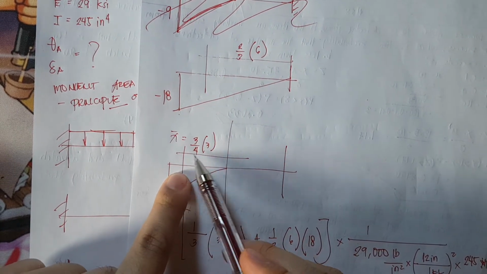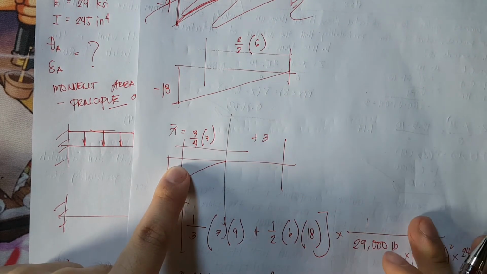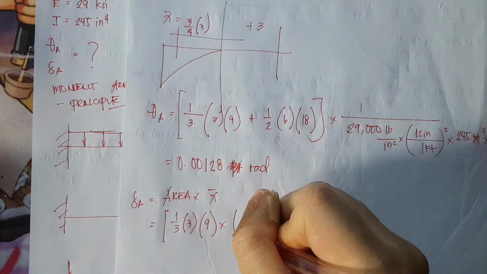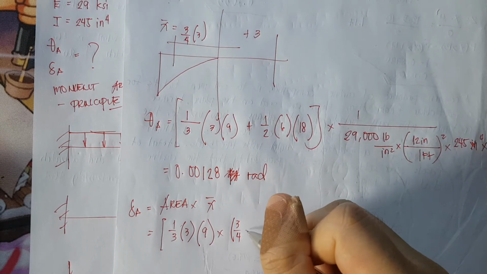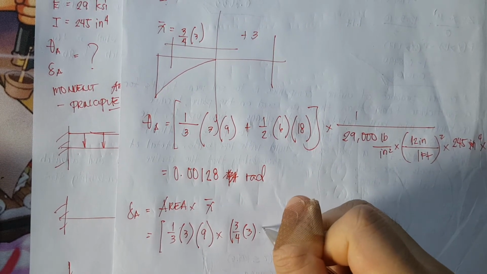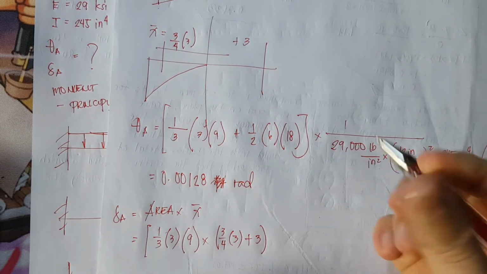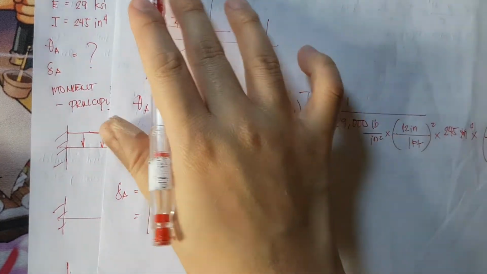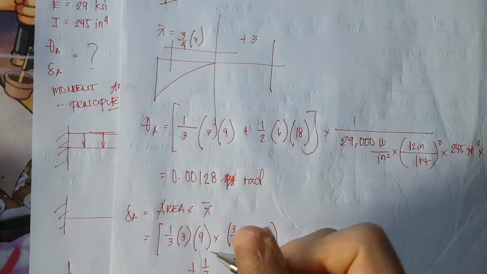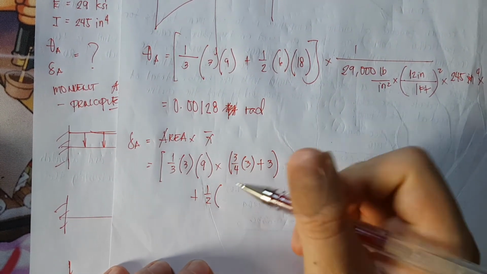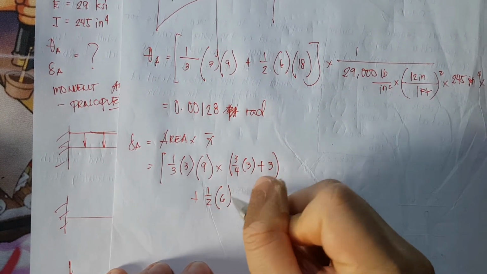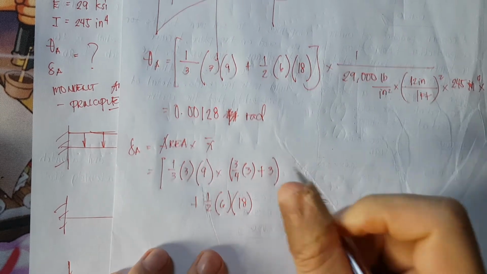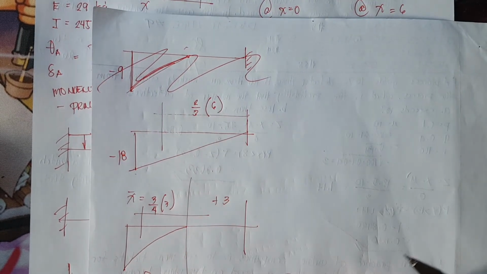So, that is 3/4 of 3 plus 3. Okay? So, 3/4 of 3 plus 3 plus, we have, ito naman, 1/2 times the base of 6 times the height of 18 times the lever arm of 2/3 of 6.